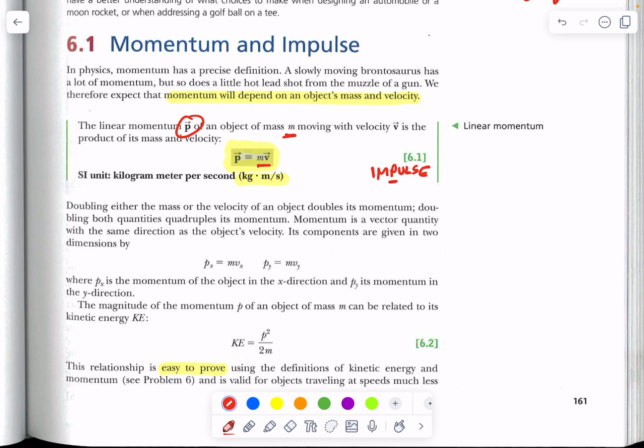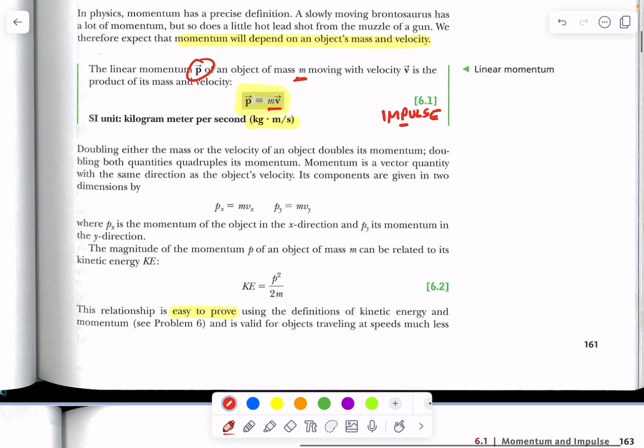And we can talk about momentum of an object if it's moving in a certain direction. This is my y-axis and this is my x-axis. We can find the momentum in the x direction and the momentum in the y direction by resolving the momentum vector.